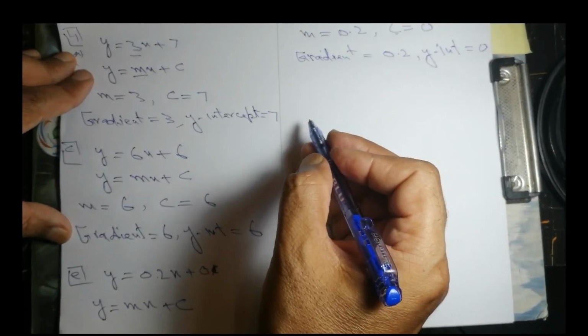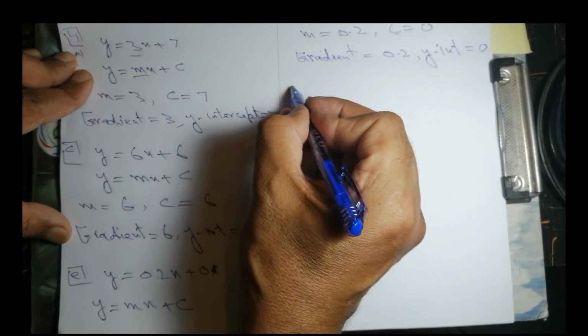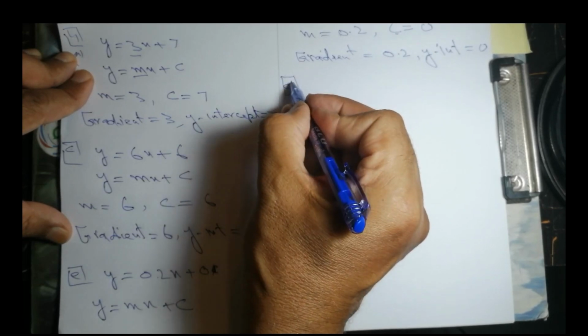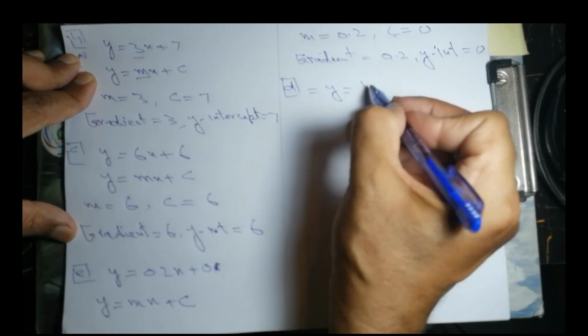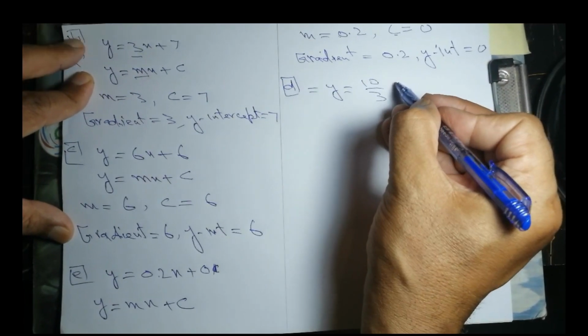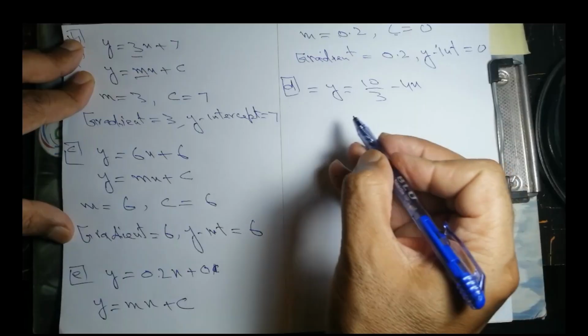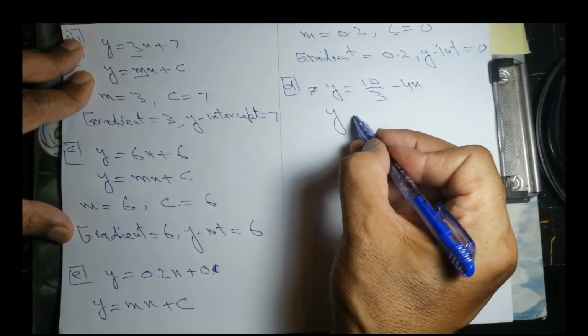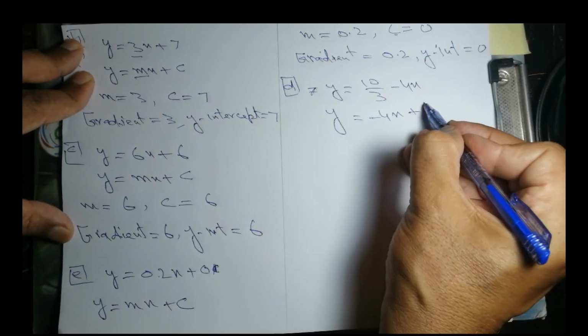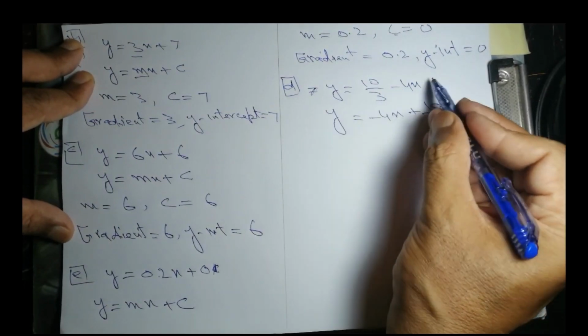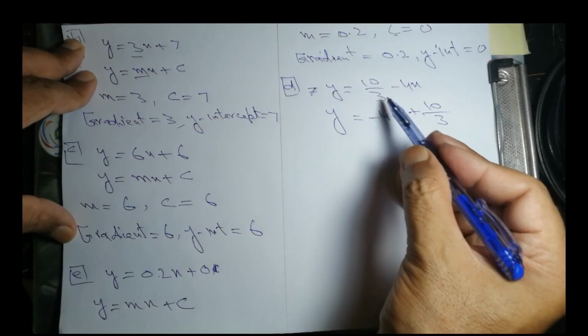Then part D of this question, that is y equal to 10 by 3 minus 4x. So we can write in standard form minus 4x plus 10 by 3, writing first the x term and then the constant term.